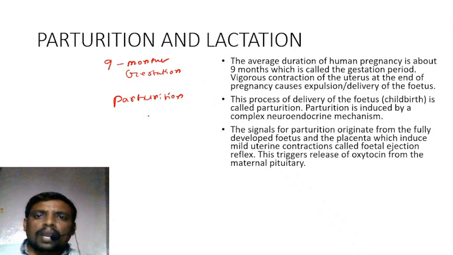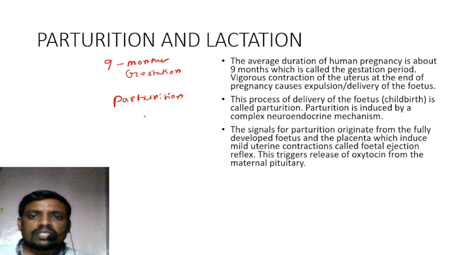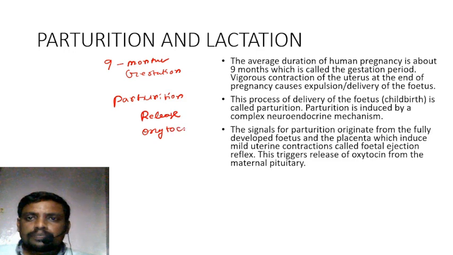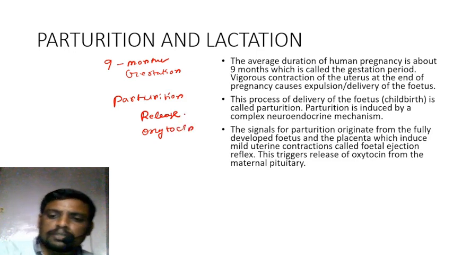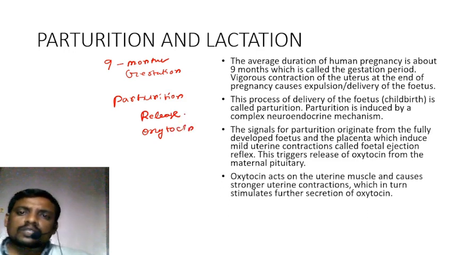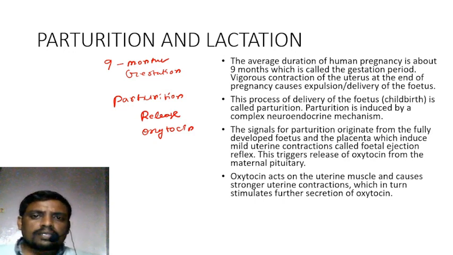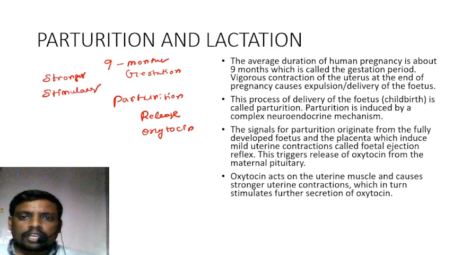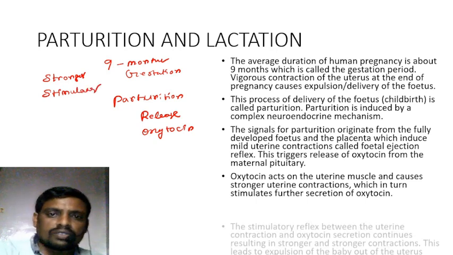Mild contractions called fetal ejection reflexes trigger the release of a special hormone called oxytocin from the maternal pituitary gland. This oxytocin acts on the uterine muscles, causes stronger uterine contractions, which in turn stimulate further secretion of oxytocin.